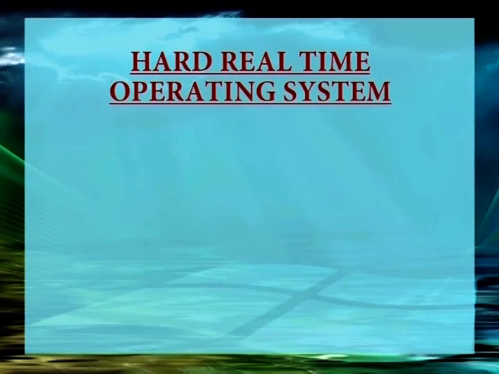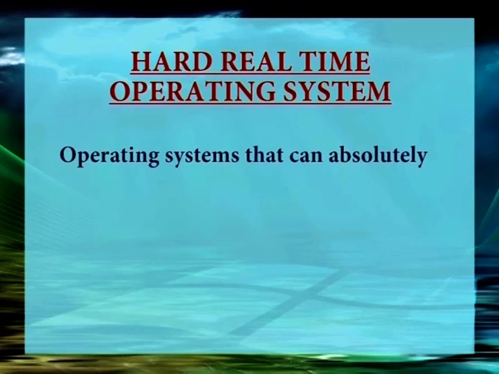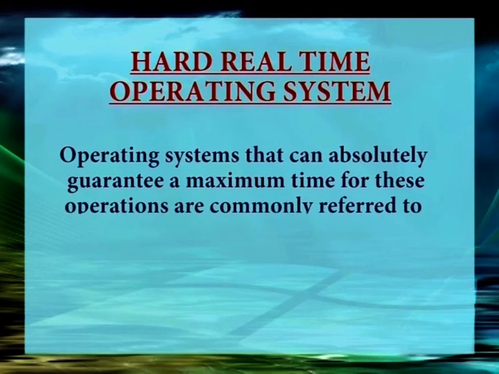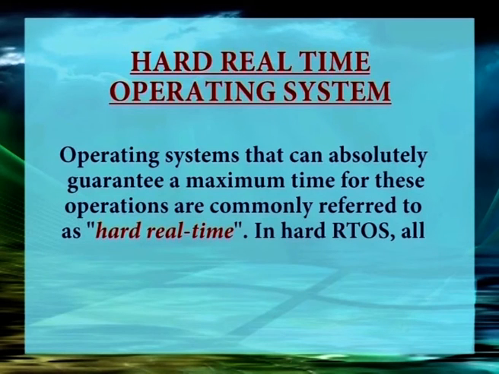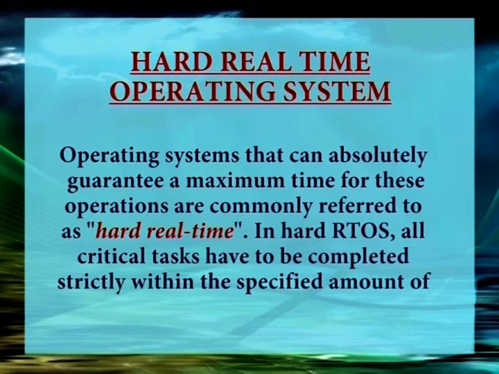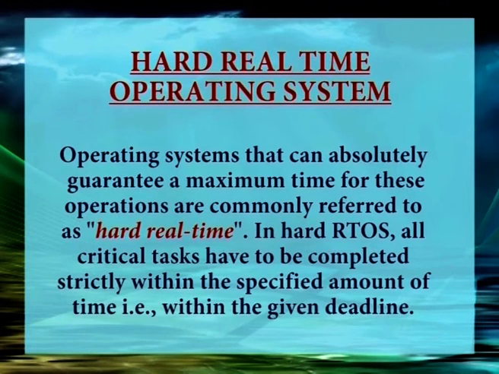A real-time operating system can be categorized in two parts. First is the hard real-time operating system. Operating systems that can absolutely guarantee a maximum time for these operations are commonly referred to as hard real-time. In a hard real-time operating system, all critical tasks have to be completed strictly within the specified amount of time, that is, within the given deadline.